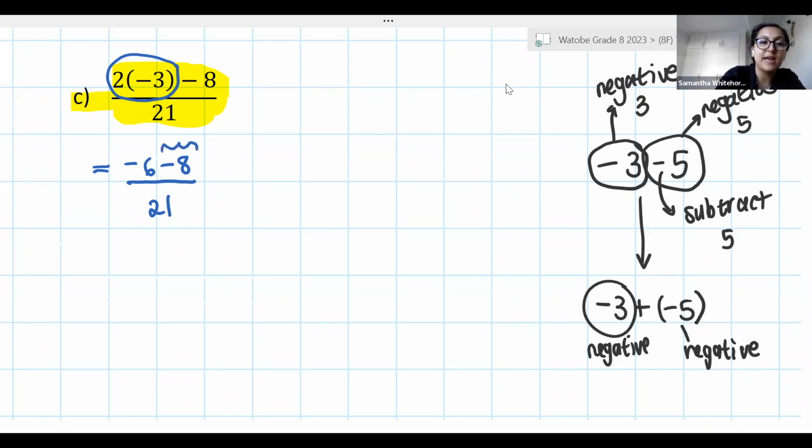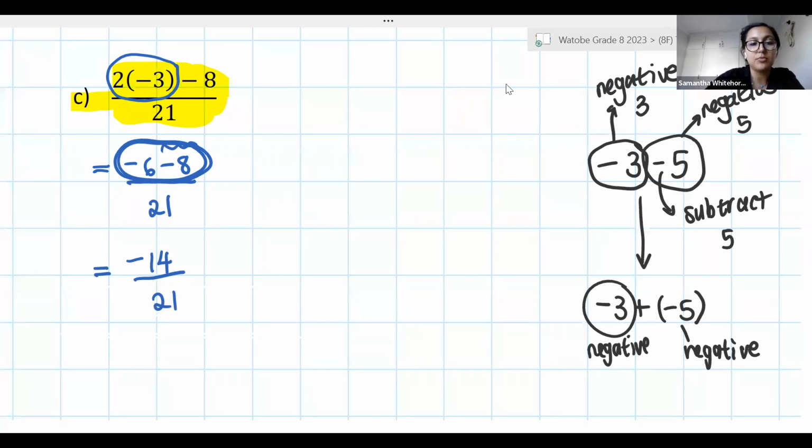This is saying -8, but it's also telling me to subtract 8. So what is -6 minus 8? So -6 minus another 8 is -14 over 21.